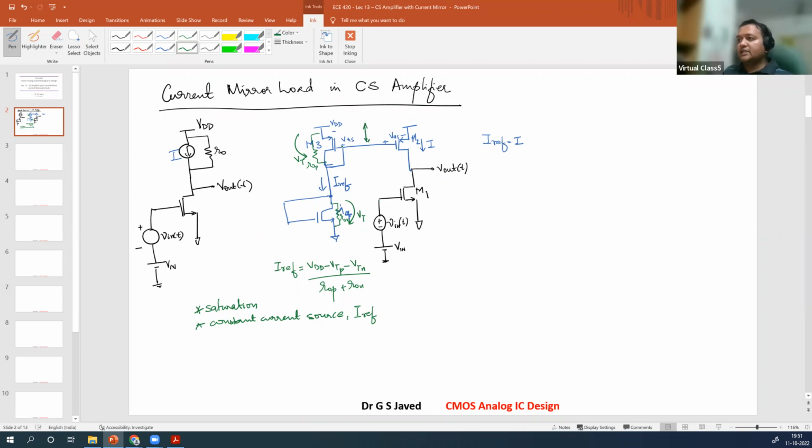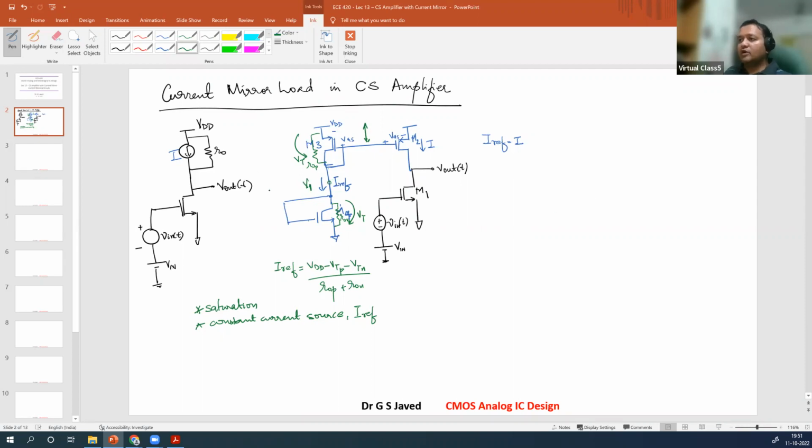And if you coincidentally see, this voltage is now being shared between three devices. One, the gate and drain of one device, the gate and drain of M3, and the gate of M2. So it is a common voltage V1. So this V1 voltage is going to appear across 5 connectivities.